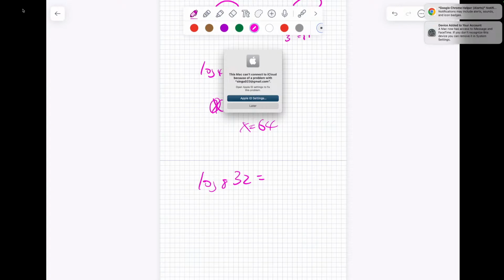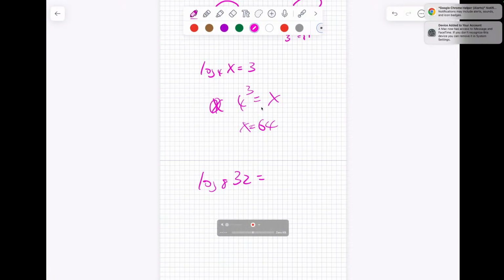I didn't say 4 to the 8, it's 4 to the third. So what's log base 8 of 32? Is it 0.5?